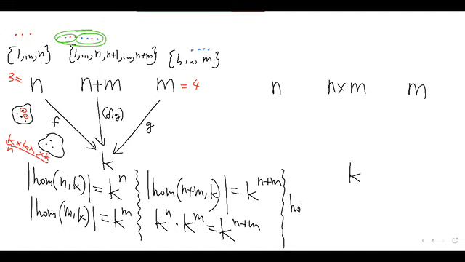So Hom(N, K) Cartesian product with Hom(M, K) gives a set that's bijective to Hom(N plus M, K).